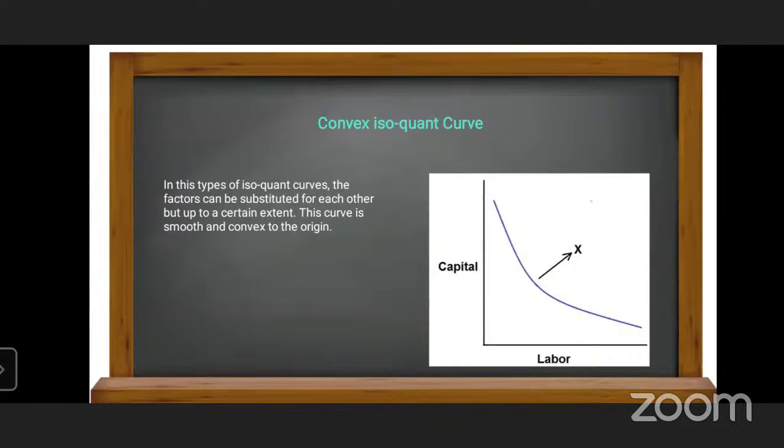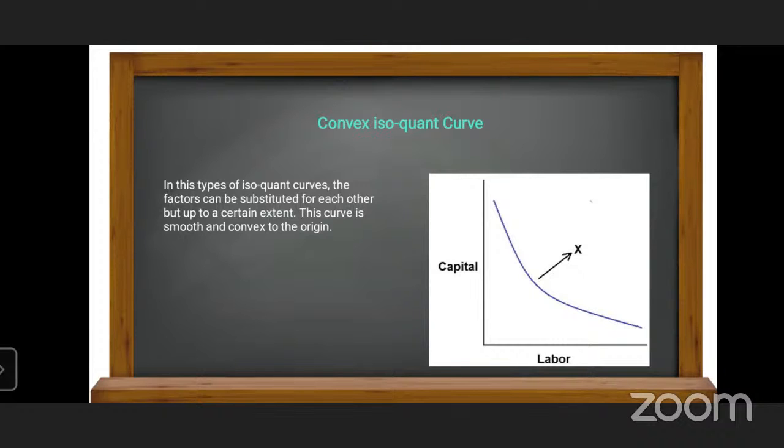So when the slope is negative, if one factor is decreasing, the other factor is increasing. I told this yesterday also. But when we say isoquant is convex, we are trying to mention that as we move down, the substitutability is decreasing. Fine.